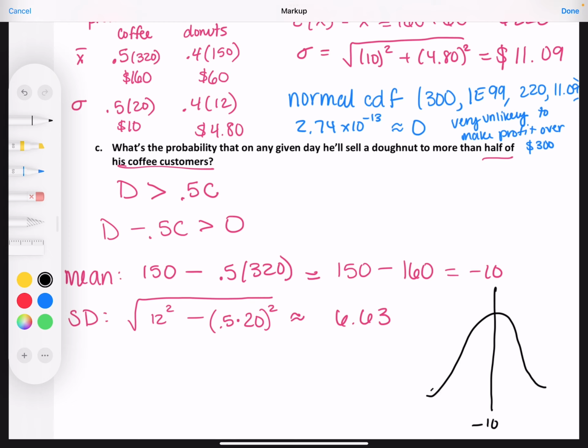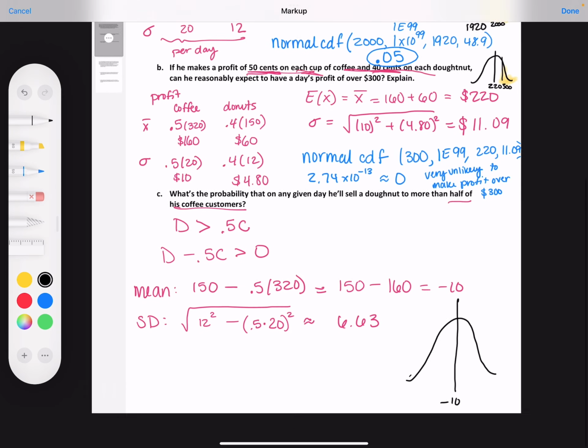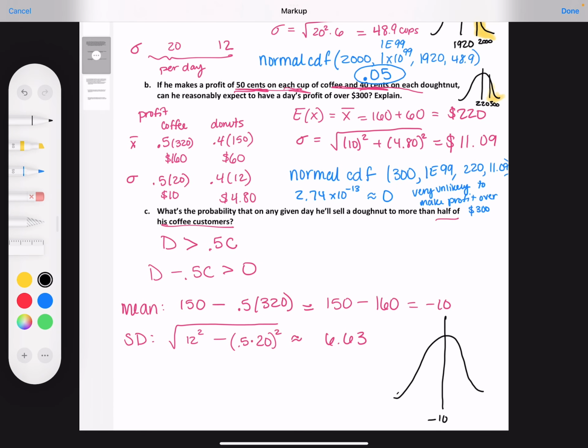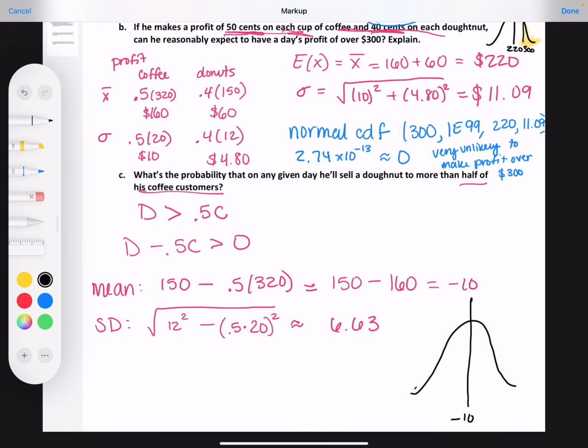The mean is negative 10. Then we want donuts to more than half the coffee customers. That's what this is showing us. So we want it to be greater than 0. So I want that area over there.